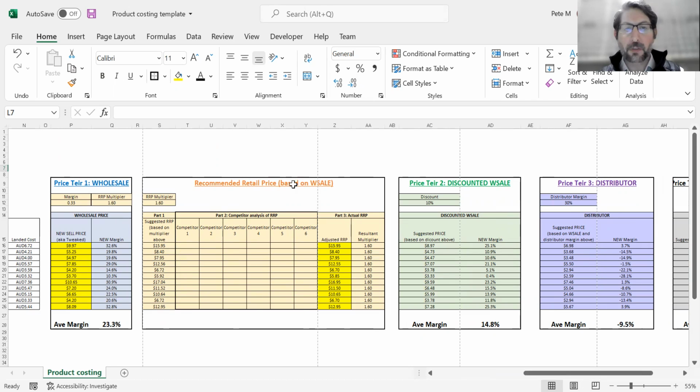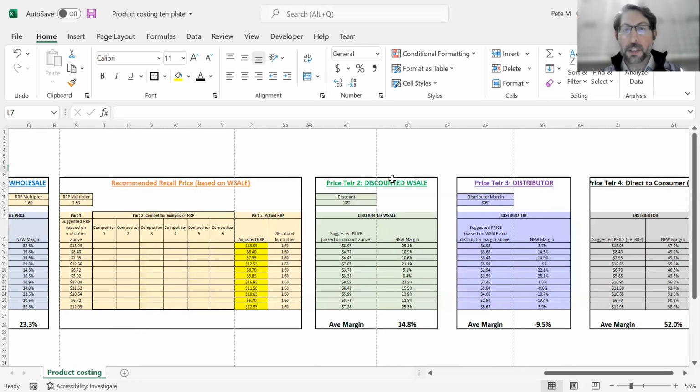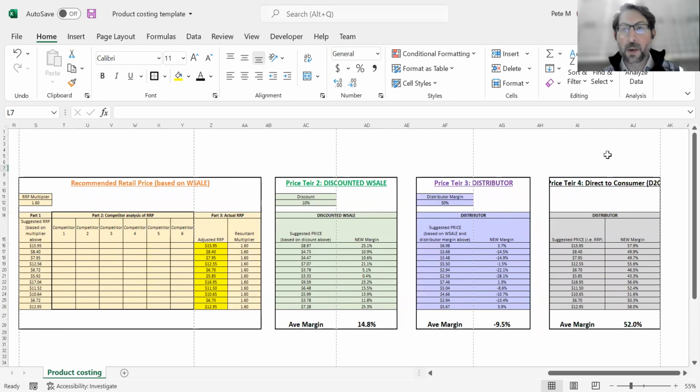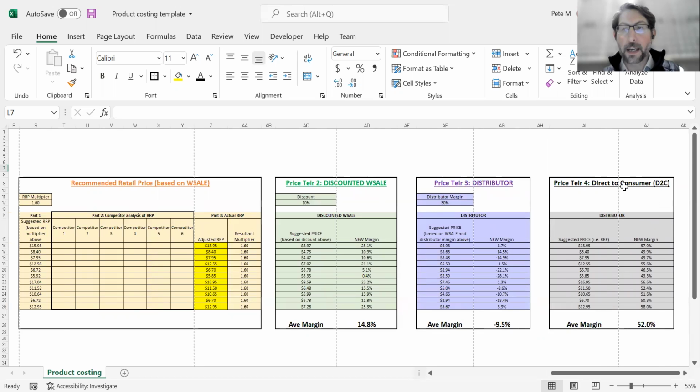Then a little bit of calcs around your recommended retail price or your shelf price. And then we'll look at a couple of other scenarios, ranging from a discounted wholesale price, a distributor, and also just a little one at the end where we're going to talk about direct-to-consumer pricing. So with that little bit of an overview, let's dive into what this all means.